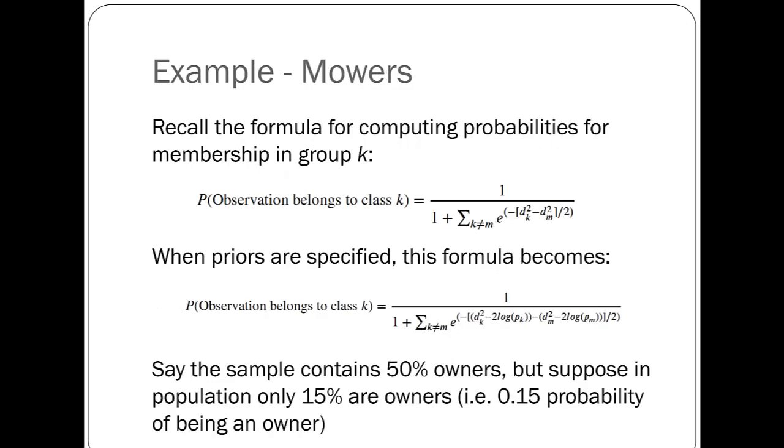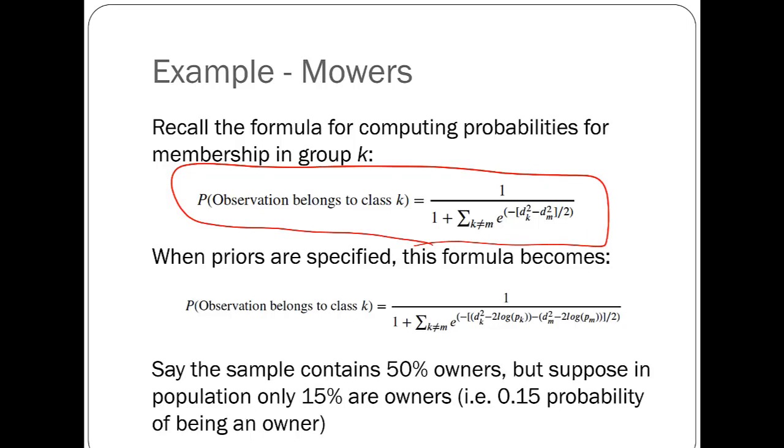So for example, with the riding lawnmower data, with equal prior probability we would have this formula to calculate the probability. But if we wanted a non-equal prior probability, say instead of 50% owners, 50% non-owners, we wanted to say 15% are owners, we would put that in here and in here, depending on which class we're talking about.